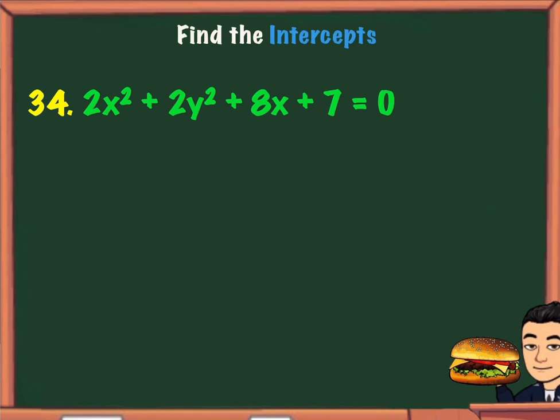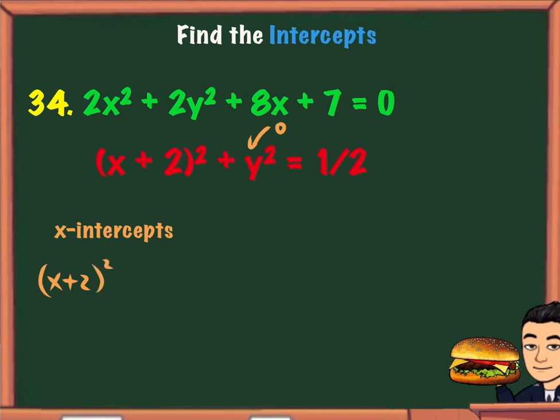Now let's go ahead and find the x and y intercepts. So I'm going to use the standard form to help us out again. So here is the standard form that we found earlier. To find the x-intercepts, we have to insert 0 into y, and you'll get x plus 2 squared plus 0 squared equals 1/2. So x plus 2 squared equals 1/2.